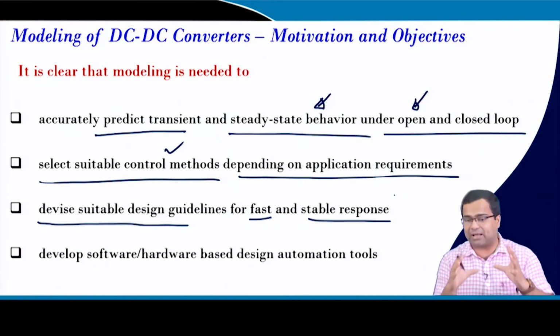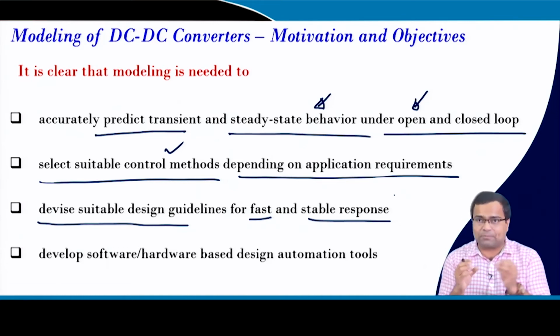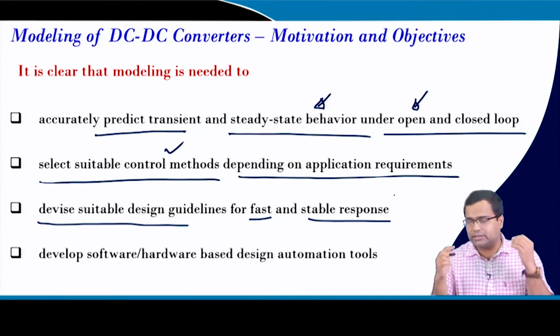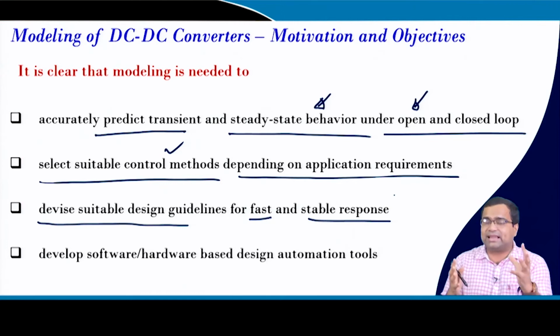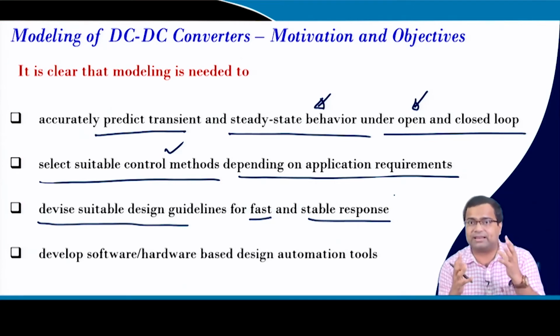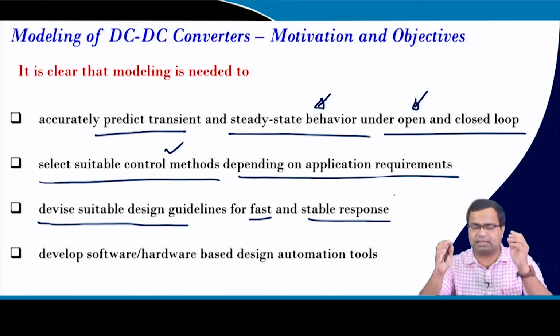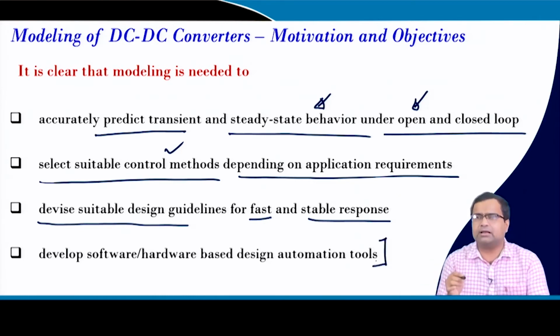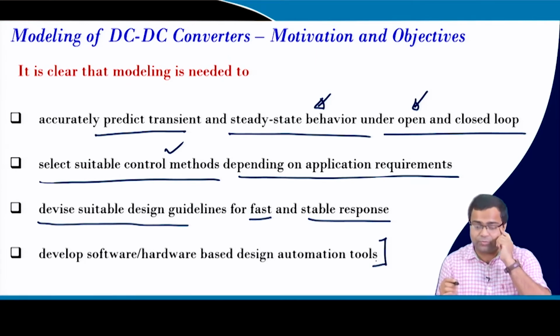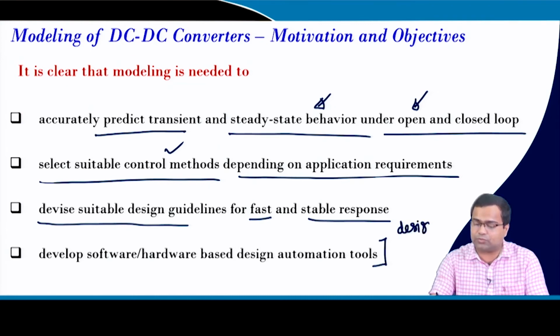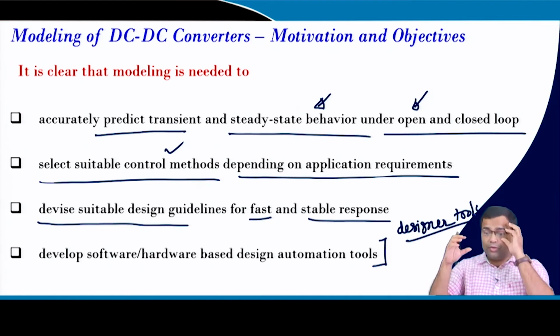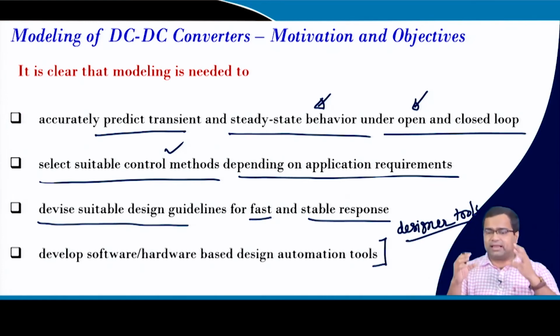Then the next task, once you have the right model, is that we can optimize, improve performance and efficiency, and then we can create a block, that means kind of a library, for any given inductor and capacitor. As I have discussed in lecture number 13, many industries have their own so-called designer tool, and the objective of this designer tool is an automated tool where you plug in a lot of models, and it will ask what your input voltage, output voltage specification and load current are.